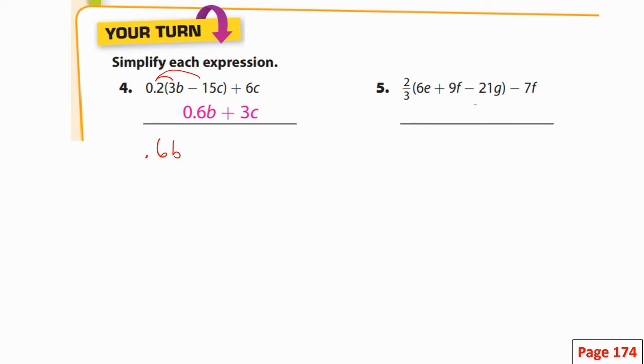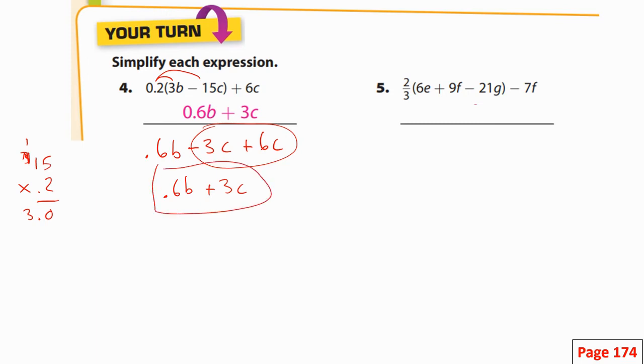Yeah, because 15 times 0.2, that is 3, and then, oh no, it's 10. 3, I was thinking about that. So that is minus 3c, and then you add 6c, and negative 3 plus 6, that is positive 3. And you have 0.6b. So that's why we got that for a simplified answer.